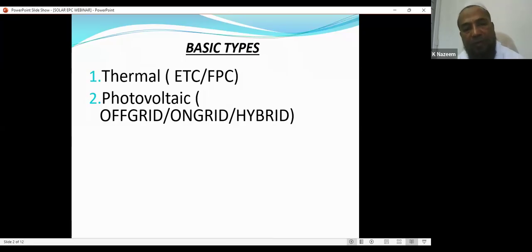But now, due to the advent of technology, lithium batteries are very common, even though they are 40 to 50% more expensive than tubular batteries. People prefer lithium batteries because they don't need any maintenance, and if the quality is good, you can expect more than 10 years of life.